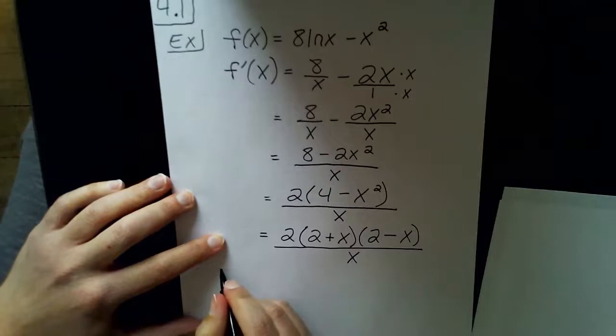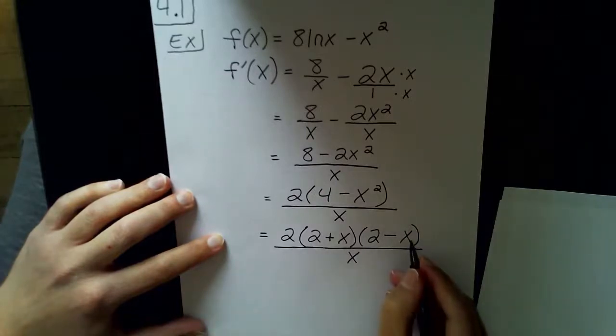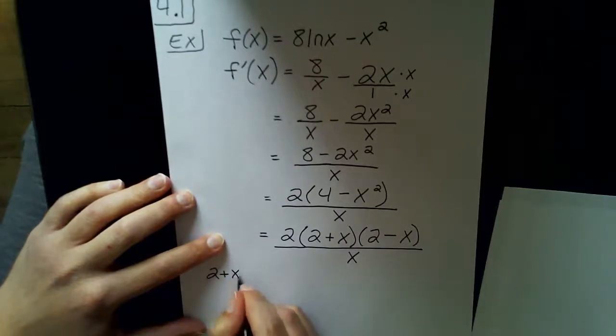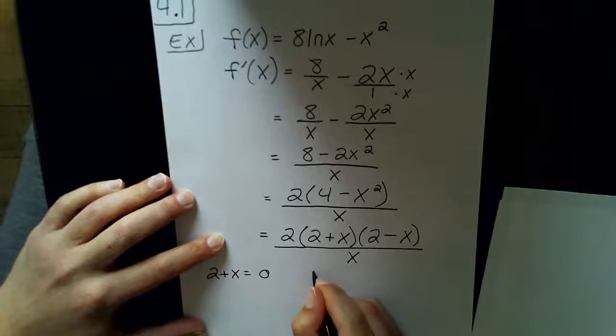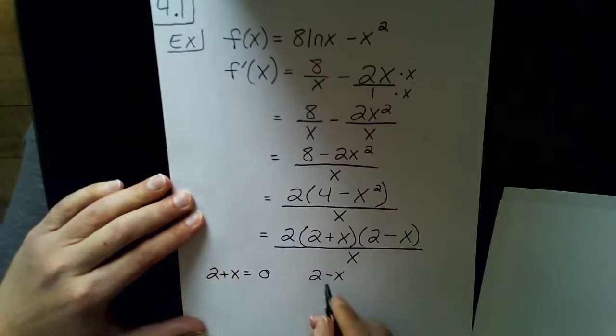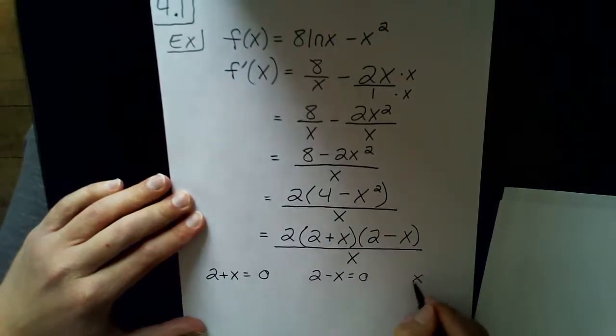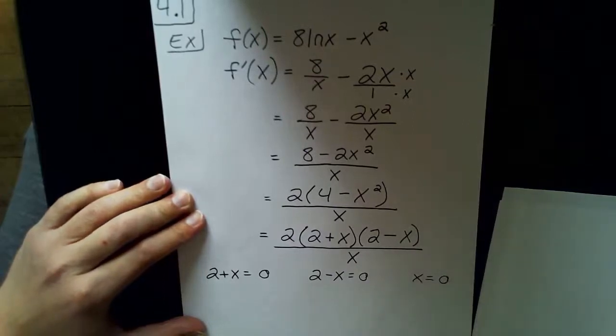So, we set the top equal to 0, and because it's already factored for us, we can just set each factor equal to 0. So 2 plus x equals 0, 2 minus x equals 0, and now we set the denominator equal to 0, and this gives us all of our possible partition numbers.